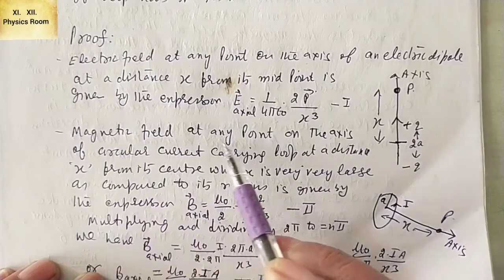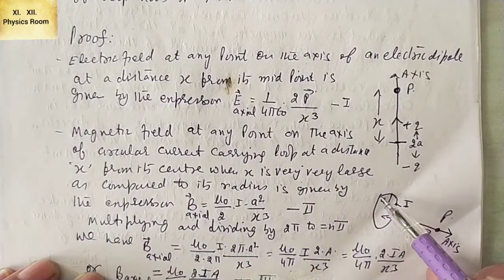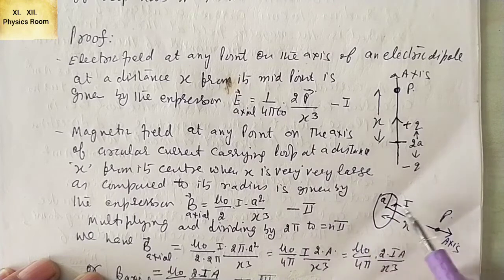Now the magnetic field at any point on the axis of a circular current carrying loop. This is a circular current carrying loop carrying current in the anti-clockwise direction, at a distance x from its center.